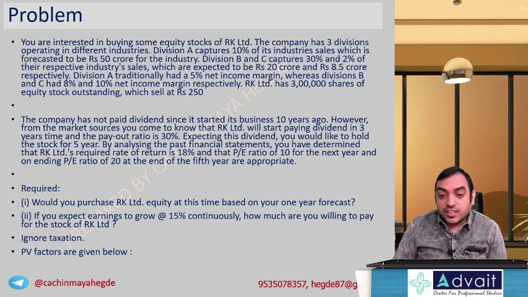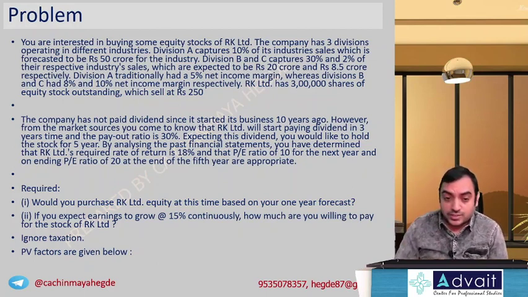RK Limited has 3 lakh shares of equity stock outstanding which sell at rupees 250. The company has not paid dividend since it started business 10 years ago. However, from market sources, you come to know that RK Limited will start paying dividend in 3 years' time, that is, 3 years onwards.